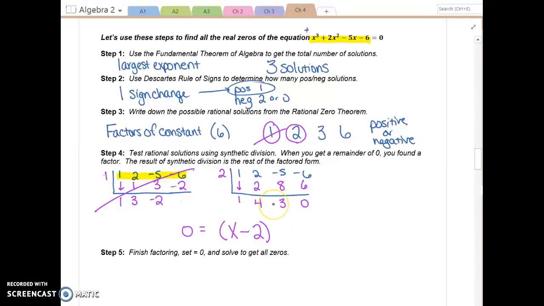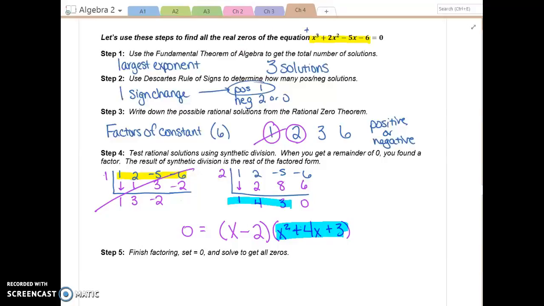The rest of the synthetic division, that's the result of dividing. So the next set of parentheses is x squared plus 4x plus 3. So I'm going to highlight that and highlight this so you can see the connection between the result of synthetic division and how we are factoring the polynomial.